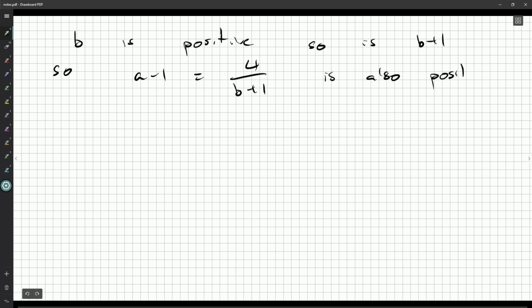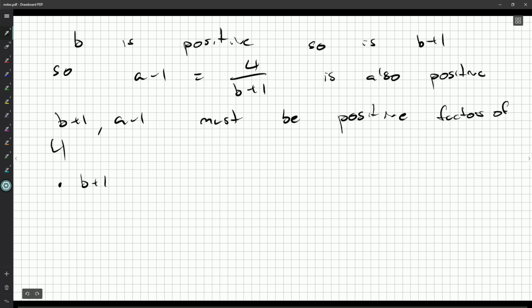Let's say b is positive. So is b plus 1. So a minus 1, which is 4 over b plus 1, is also positive, because a positive number divided by a positive number is positive. B plus 1 and a minus 1 must be positive factors of 4. So we've got some cases.